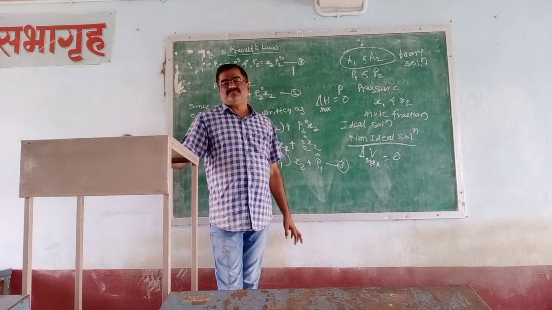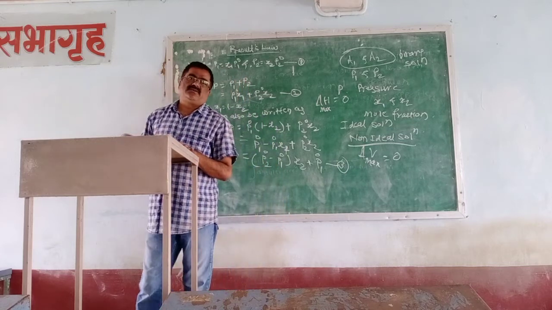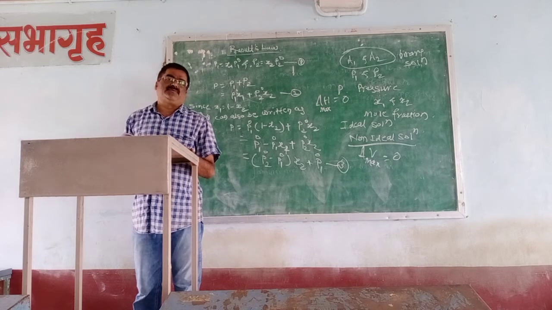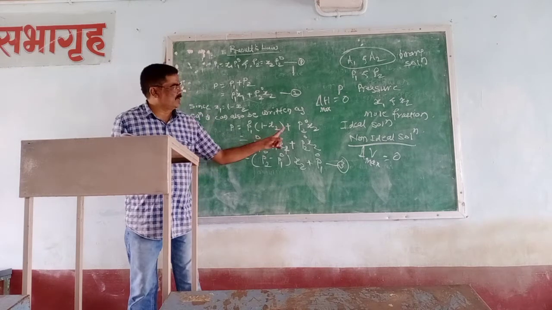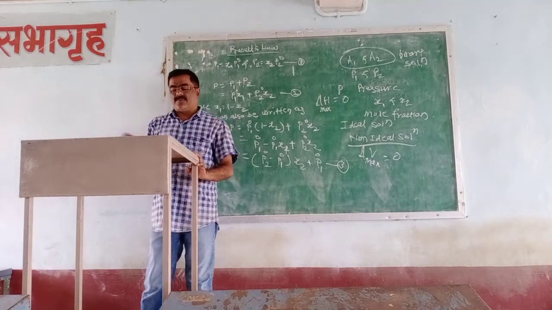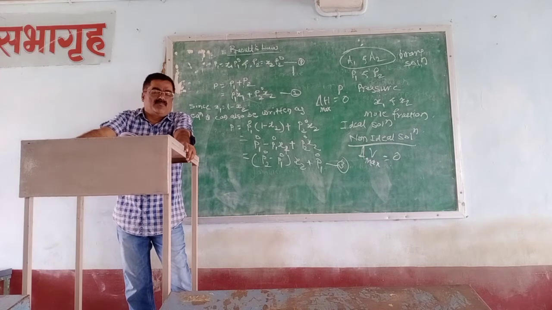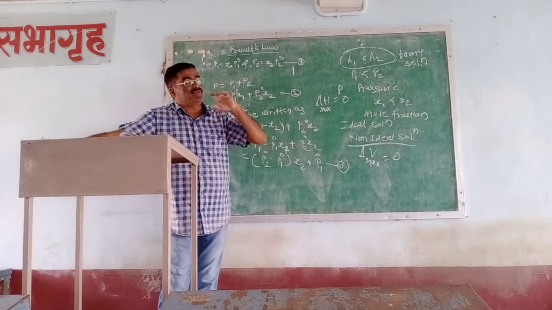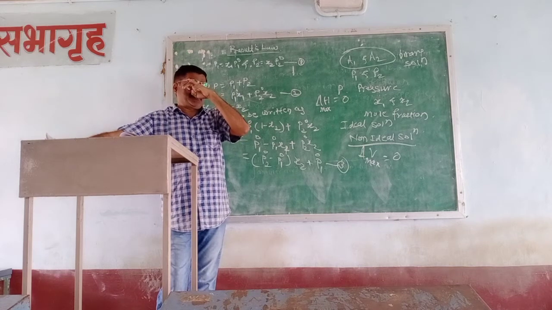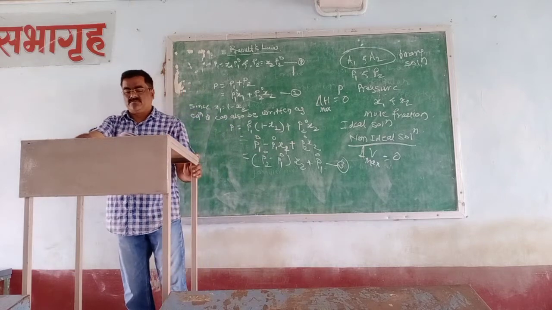About the heat and other aspects, these differ between ideal and non-ideal solutions. The vapor pressure of these solutions can be higher or lower than that of the pure components in case of the non-ideal solution. So we see these different differences between ideal and non-ideal solutions.